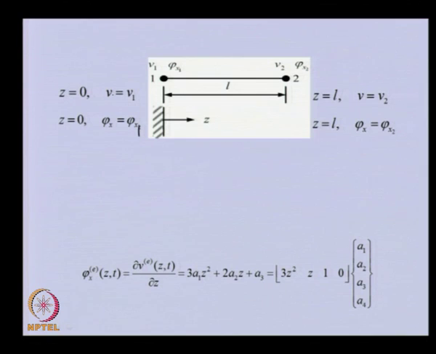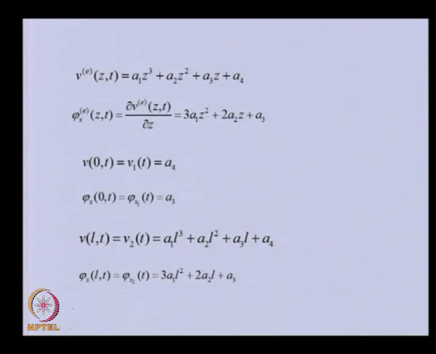Now we will satisfy these boundary conditions. At Z equal to 0, the displacement is V1. If we put Z equal to 0 here, you will see that A4 will remain and the other terms will vanish. If we put Z equal to 0 in the slope term, two terms will vanish and only A3 will be left.